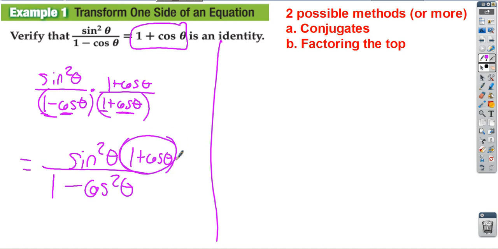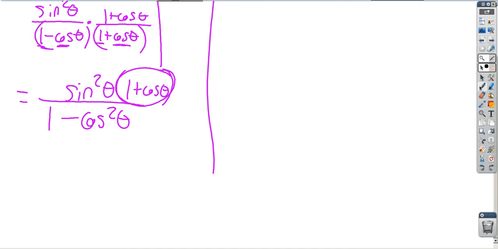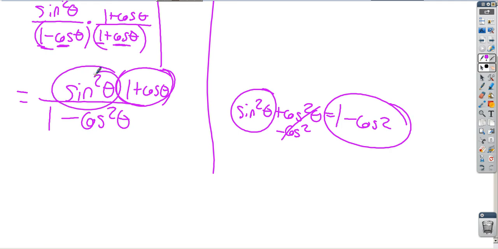Okay, well notice we have 1 plus cosine. That's what we want. So all we have to think about is how can we make that other stuff disappear. And remember, when you see sine squared, and when you see anything squared, you should probably think of this Pythagorean identity. That's the most common. We use 1. So what is sine squared equivalent to? Well, if I were to subtract cos squared, I would see sine squared equals this. So I'm going to replace this thing with 1 minus cos squared.